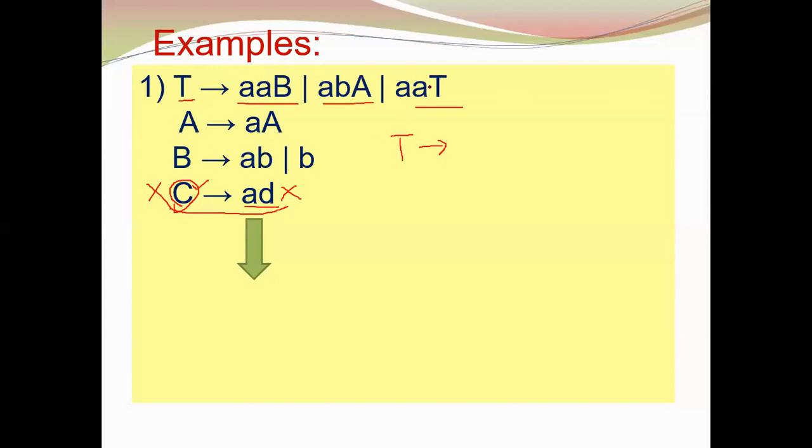For example, if we had T tends to AATC, then I could use the particular variable C, the C production, in this grammar in this way. But here that is not the case, C is not used anywhere, so I can say the particular C is useless.